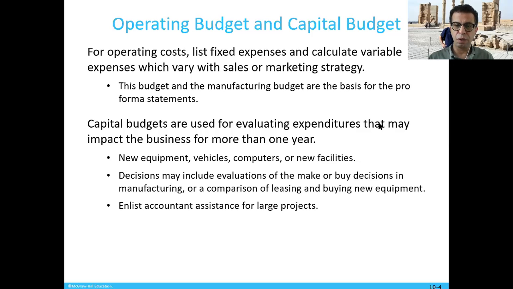The capital budget is used for evaluating the expenditures that may impact the business for more than 1 year. So you need to buy new equipment, vehicles, computers, or whatever new facilities, and if they last more than 1 year, they would be part of the capital budget.